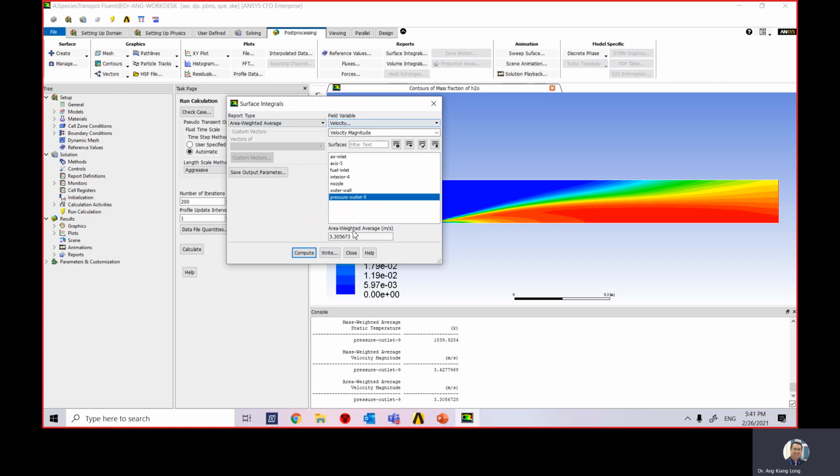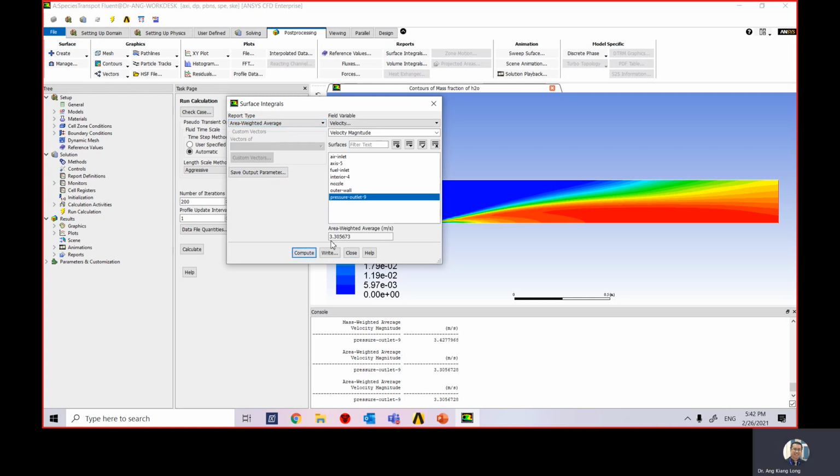For velocity, we use area weighted. For temperature, we use mass weighted average if you want to see temperature at the outlet here. If you want to calculate the value for velocity, we will choose area weighted average.